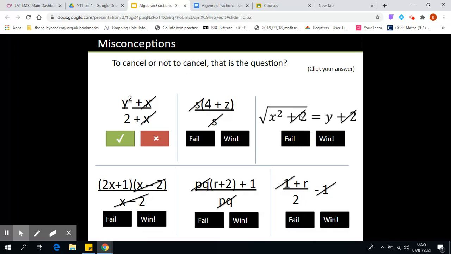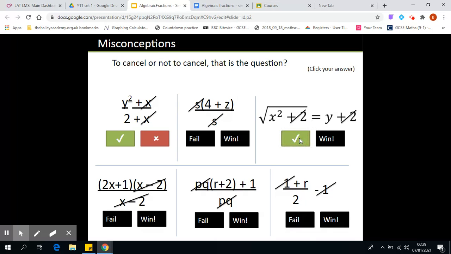Looking at this question, here 2 has been cancelled on either side of the equation. Using the balancing technique, we can subtract 2 on both sides. However, the square root doesn't let you do that, because x squared plus 2 is square rooted on the whole.